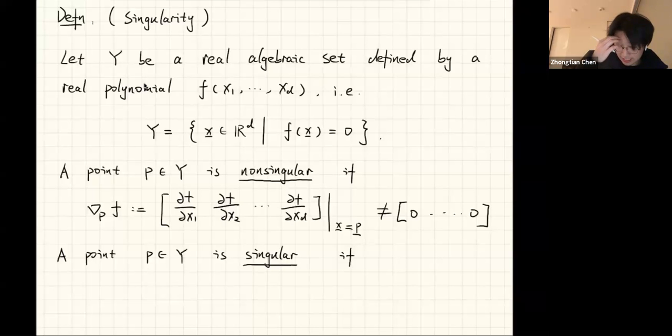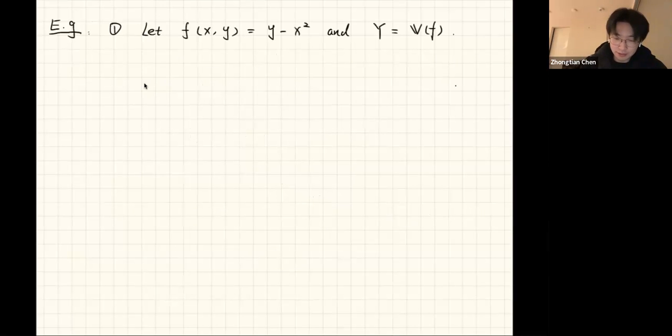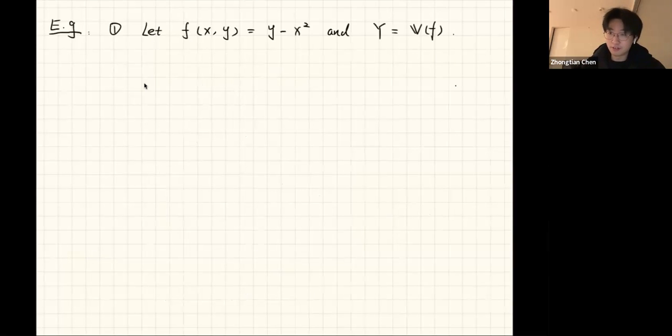All right, a point is singular if the Jacobian at that point is indeed the 0 matrix. So far, so good with this definition. Then let's go back to the example we have and verify this definition reflects the intuition we had before.